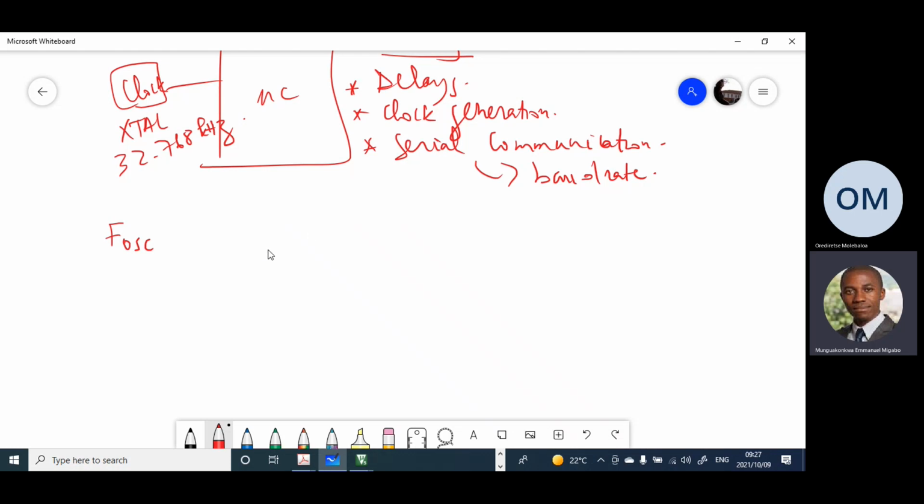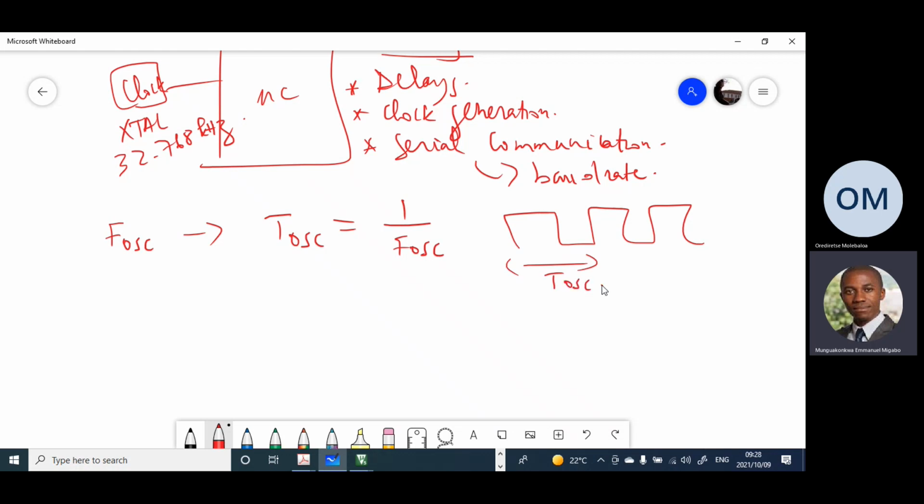So we normally have the oscillating frequency of the clock of the computer system, from which, of course, we can work out the oscillating period, which will be 1 over the oscillating frequency. And that tells us the duration after which the clock repeats itself, because that is the period by definition.